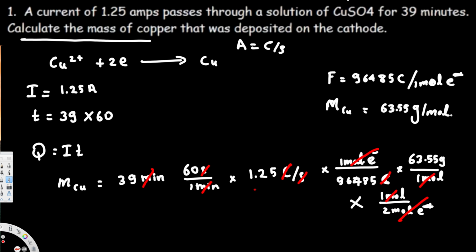Whenever we have this kind of situation, if you're confused about whether to put this on top or bottom, the conversion factor is possible both ways. For example, 60 seconds per minute, you can write as 60 seconds per minute, or 1 minute over 60 seconds.